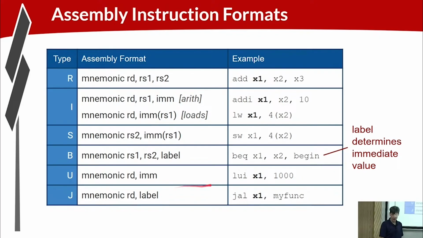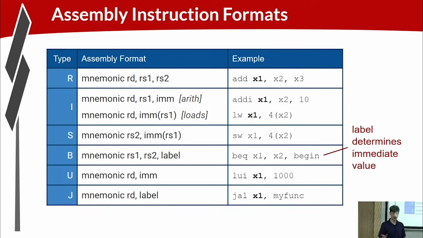And U and J, we're not actually going to worry about too much. So let's see, U format has a larger immediate value and a destination. It's good for things like loading large values into a register, large immediate values. J type is for jumps. So the terms jump and branch are used differently in different instruction set architectures.